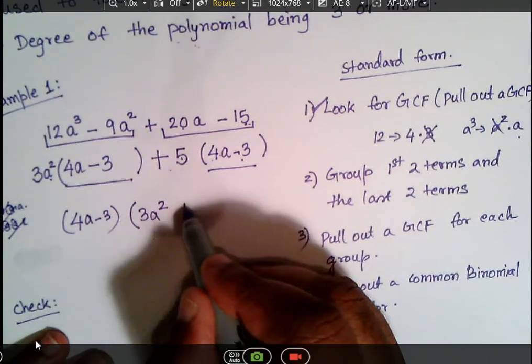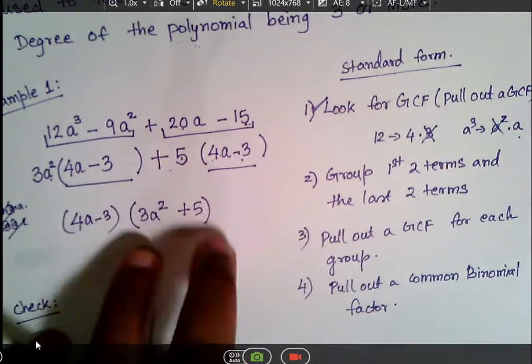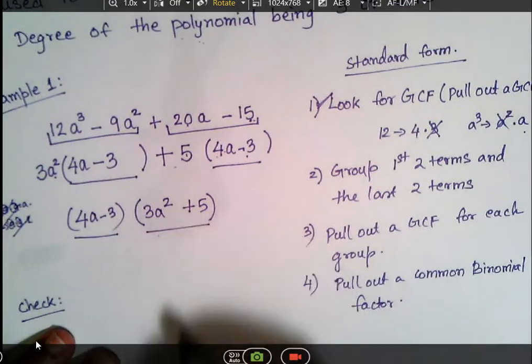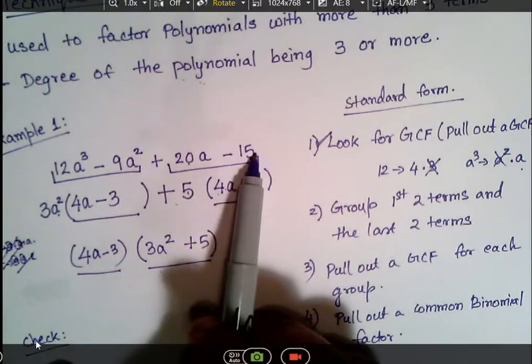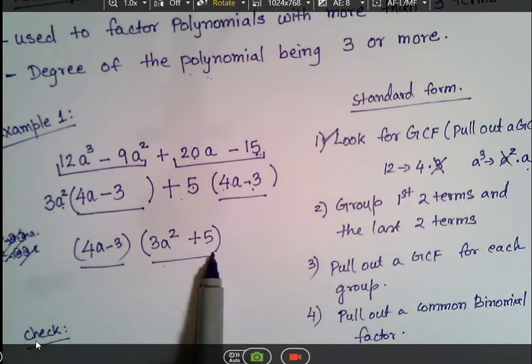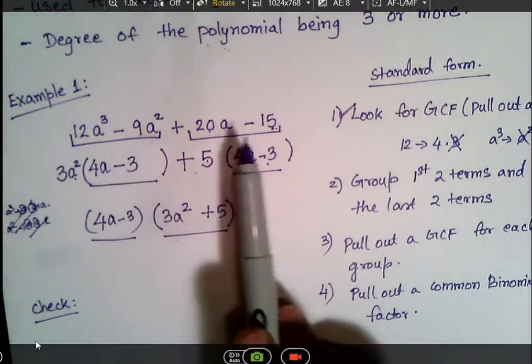What's left out here is a plus 5. So I pull these guys out. What's left is my other binomial factor. So I got two binomial factors now. So I started with 4 terms and I split it up and I got 2 factors. So I'm saying that these two are the guys that multiply to give me this polynomial.